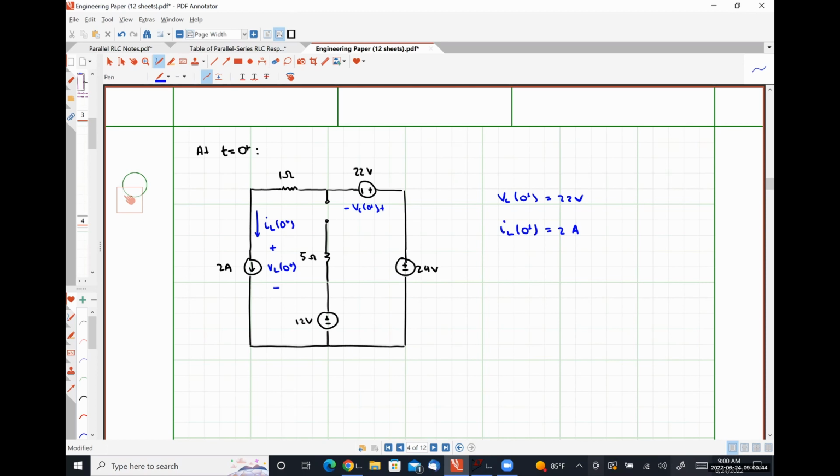Okay. So in order to determine VL at 0 plus, I'm going to apply Kirchhoff's voltage law around this loop.